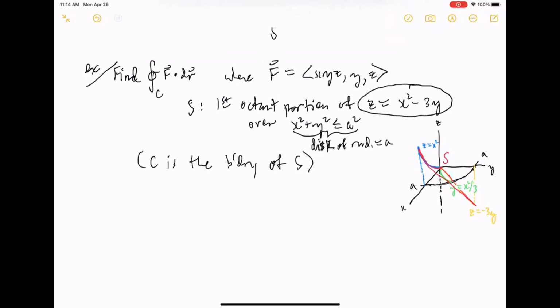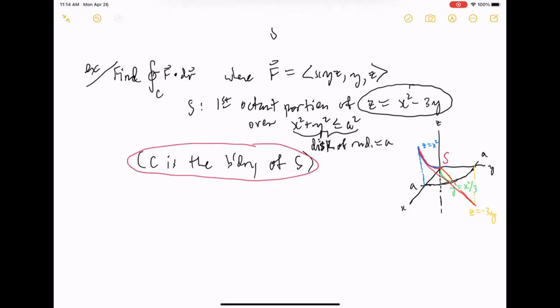And the curve is the boundary of that surface. I have the curve that happens to be the boundary of that particular surface. It's going to have the positive orientation, which means as I look down on top of this, it's the counterclockwise orientation.